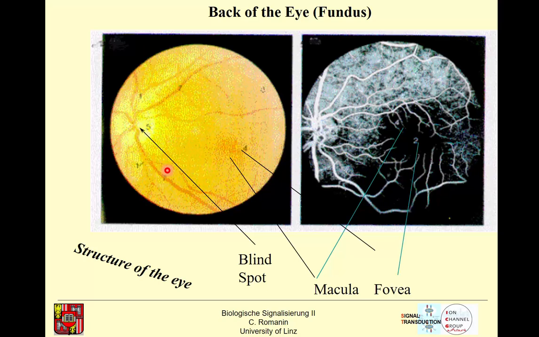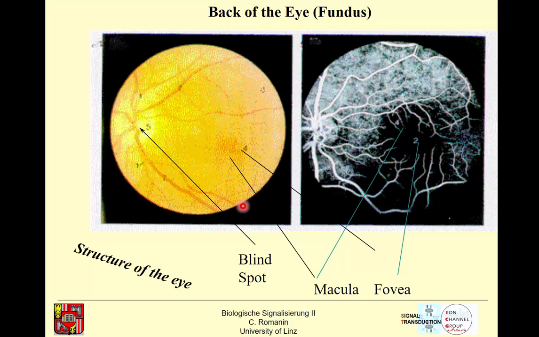One of the first symptoms that can be seen by a visualization of the background of the eye is that the blood vessels do not look as they should actually look.